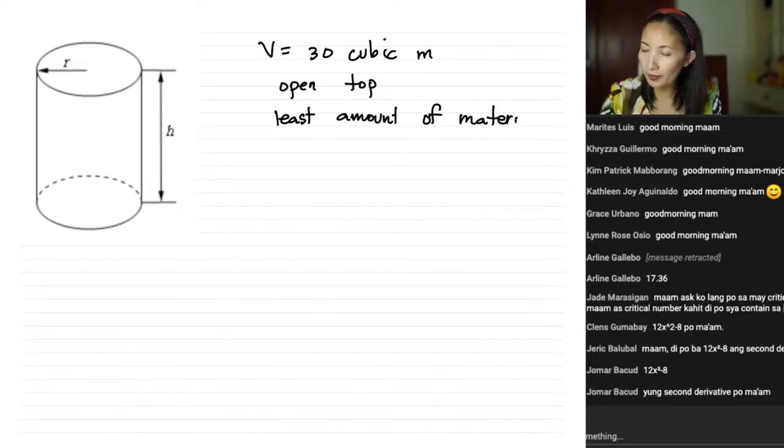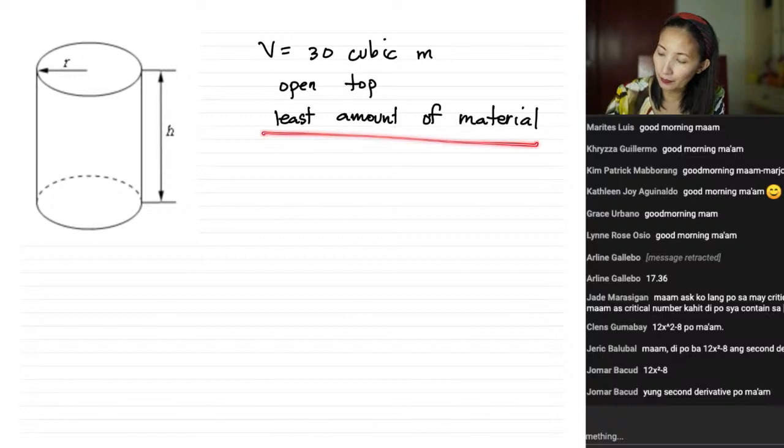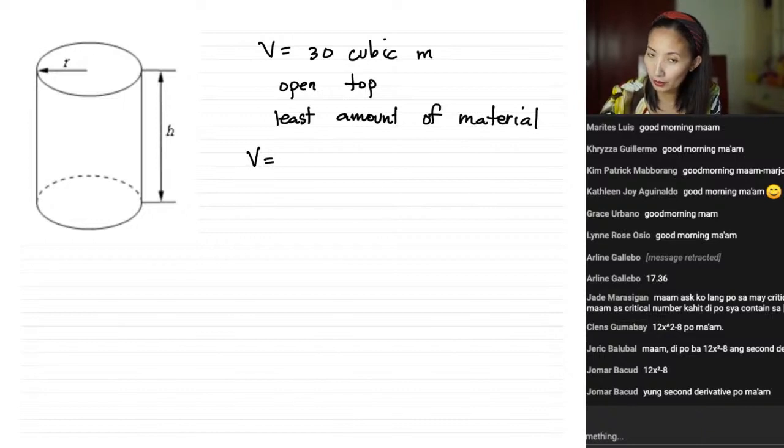Okay, so from here now, we can set up our equation. So these are the given. The volume is 30 cubic meters. The top should be open. And the quantity to be minimized this time is the amount of material, M. So when we speak of the volume of a cylinder, volume is equal to the area of the base times the height.